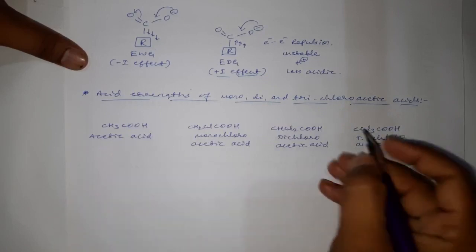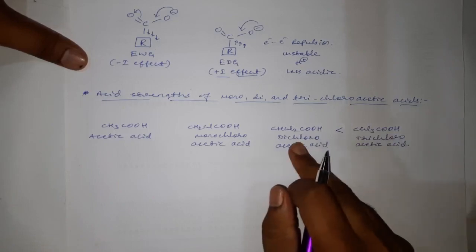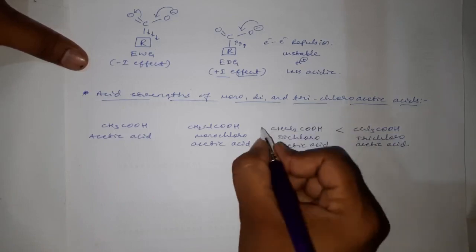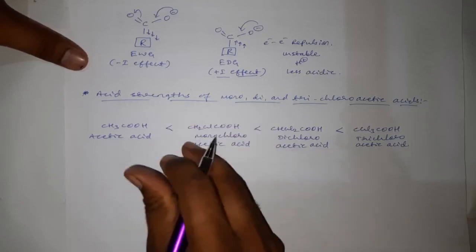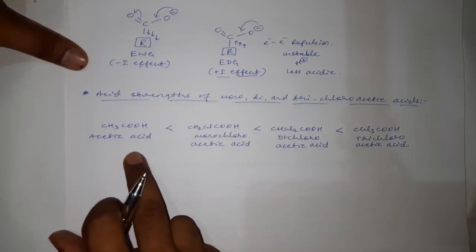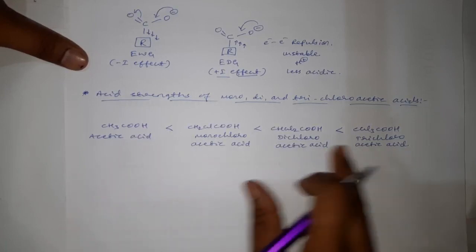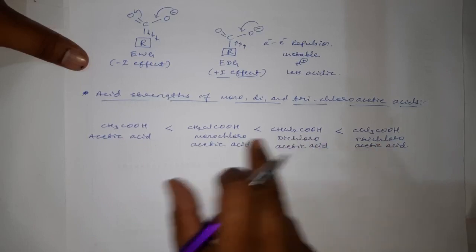Here I will write that trichloroacetic acid is more acidic as compared to dichloroacetic acid, which in turn is more acidic as compared to monochloroacetic acid, which in turn is more acidic as compared to acetic acid. Acetic acid is the least acidic, and trichloroacetic acid is the most acidic of these.